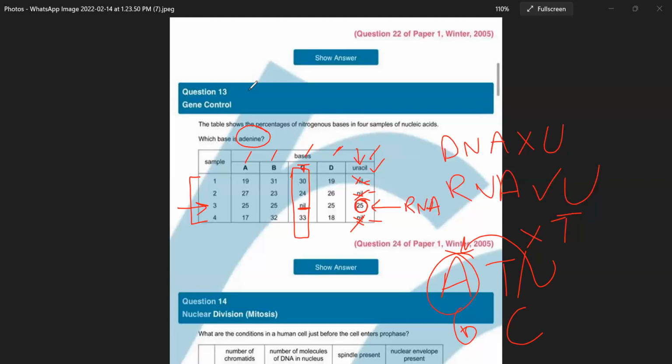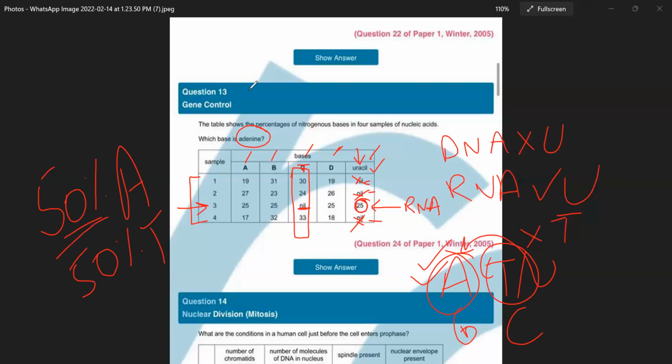Now we know that the percentage of A, like I told you, if I have 50% of A in a molecule, then that 50% is going to bind with T, so I'm supposed to have 50% of T. Now in this DNA piece, all I'm having is A's and T's. I don't have anything else. However, in a DNA molecule, for example in number 3, I have A, B, and D and uracil.